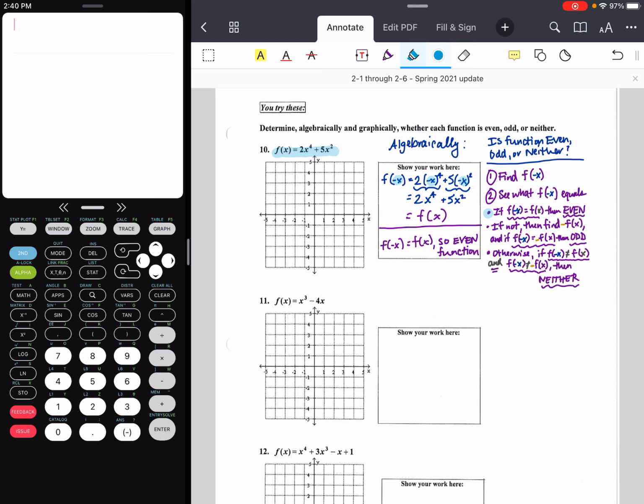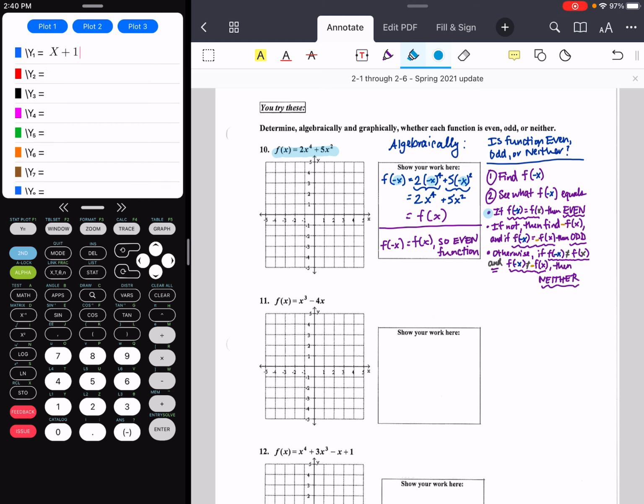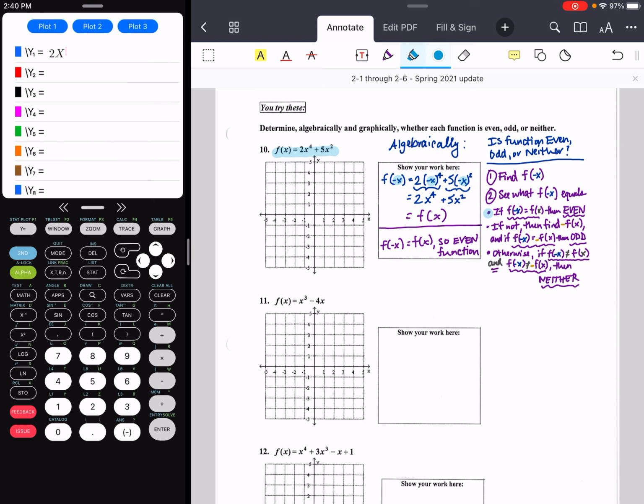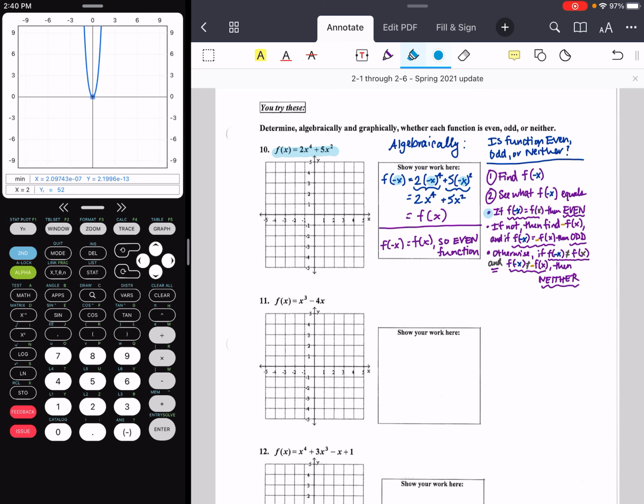All right. If we want to look graphically, if I go to y equals on my graphing calculator, turn these plots off, 2x raised to the fourth power plus 5x squared. So if I look at my graph, it looks like a really tight, skinny parabola. And just as a check, if I use trace and enter x equals 1, I get y equals 7.